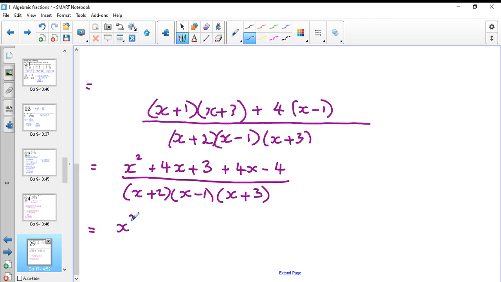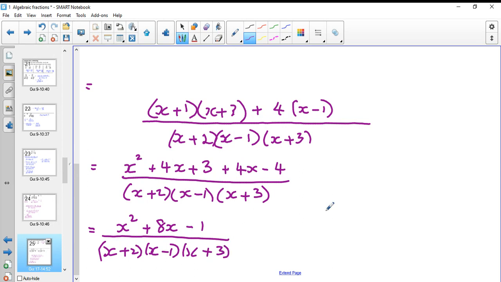Then x squared, 4x plus 4x is 8x, 3 minus 4 is minus 1, over x plus 2, x minus 1, x plus 3. And that's as far as it will go. That won't factorise, so we can't do anything with that. I'm just going to leave that in brackets. So that is our answer.